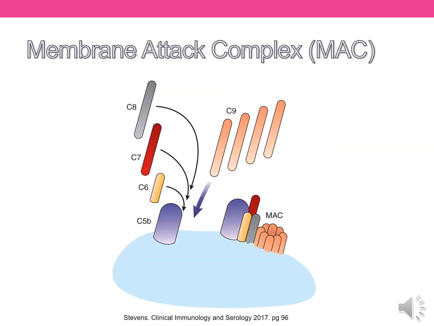So this is a diagram from your book as well, and we have our C5b complex, and then we will have our C6, 7, and 8 come down and bind to this C5b to create our C5b678 enzyme. And at this stage, remember, it can lyse red blood cells, but it cannot lyse nucleated cells yet.